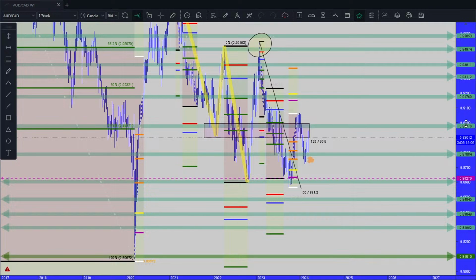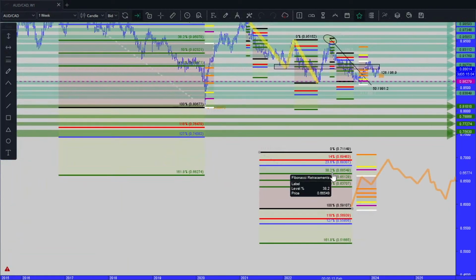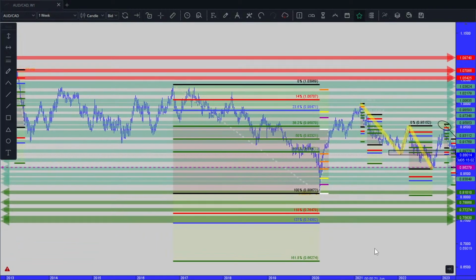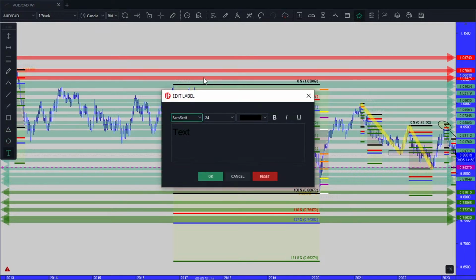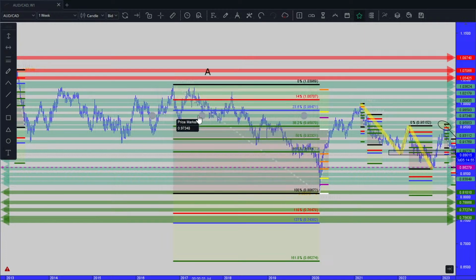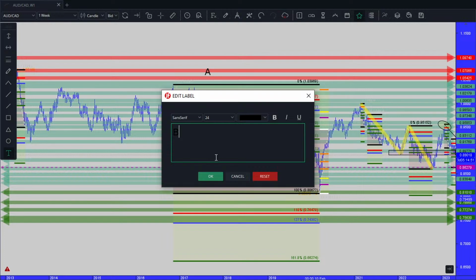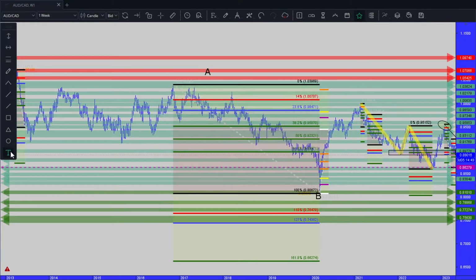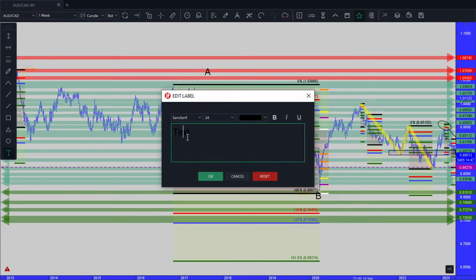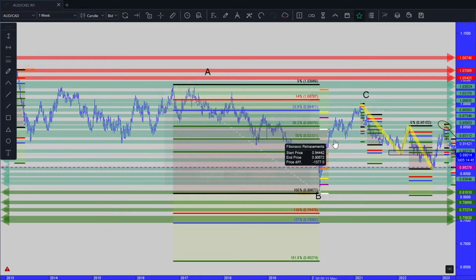What about the weekly? What about the weekly Fibonacci? Original one, that's the A. Down in here is the B. Up in here, gosh, we made tons of money up in here.